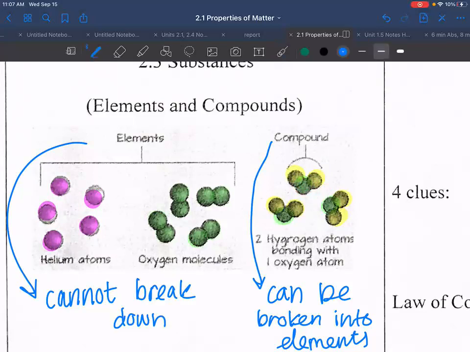Now, compounds are two or more things together, but so are mixtures. What's the difference between compounds and mixtures? Compounds do have a formula. Very good point.